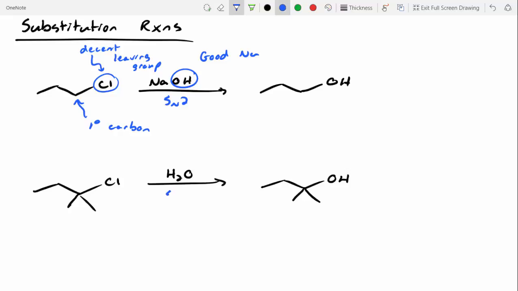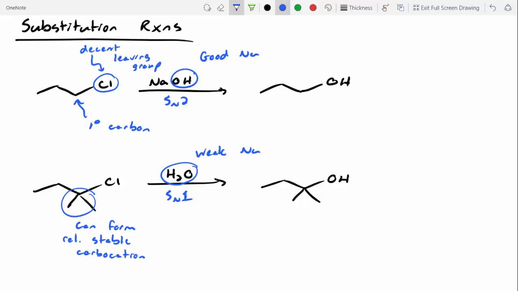Yeah, SN1. So we could say weak nucleophile. We can say that this can form a relatively stable carbocation. And we've got a good leaving group.